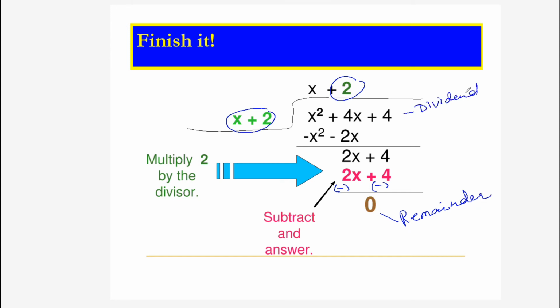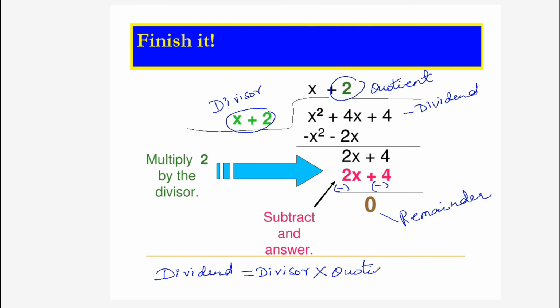Dividend, divisor, quotient, and there is an equation. I hope you remember that as well. Let me give it. Dividend is equal to divisor times quotient, and whatever answer you are getting after multiplying, add it to the remainder.